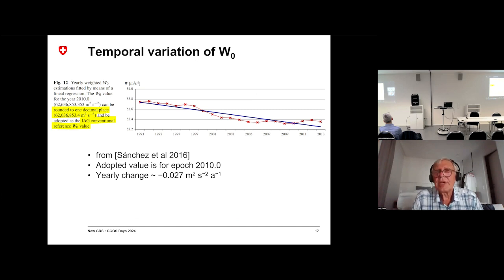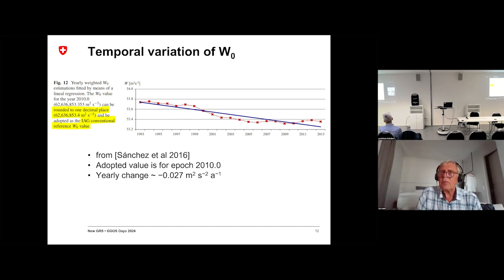Another temporal variation of W0. I took this from Laura's paper. So that's the best moment for such things. This is the change in W0 over some years.